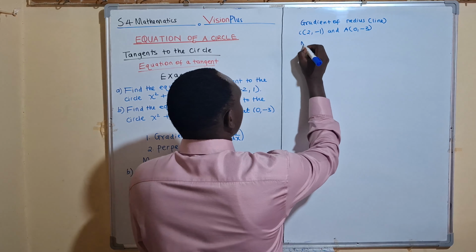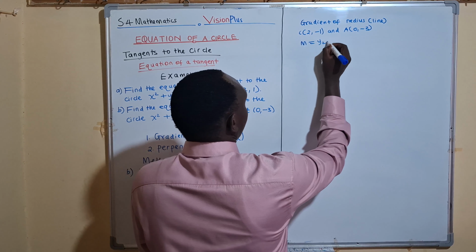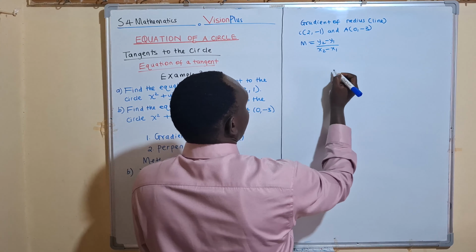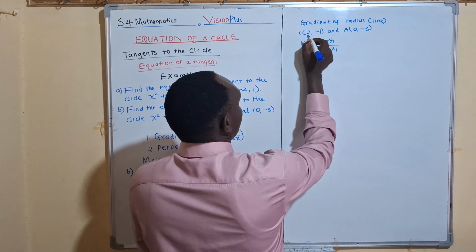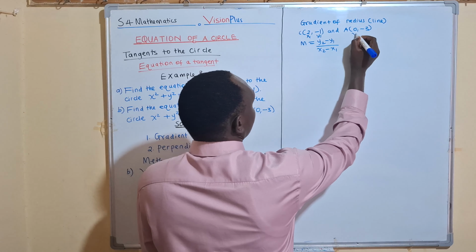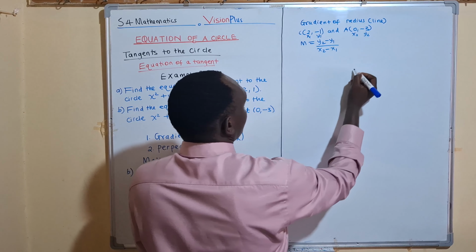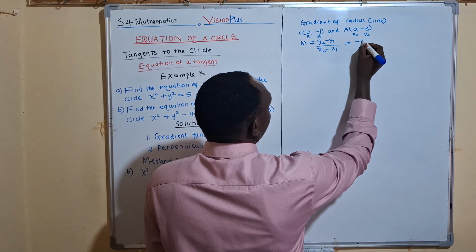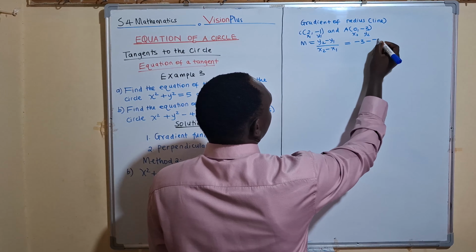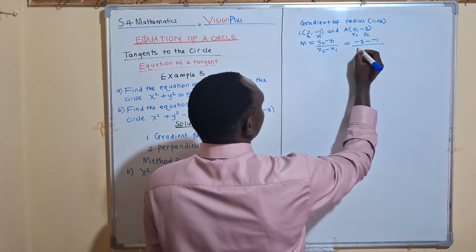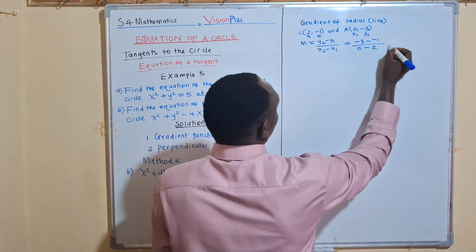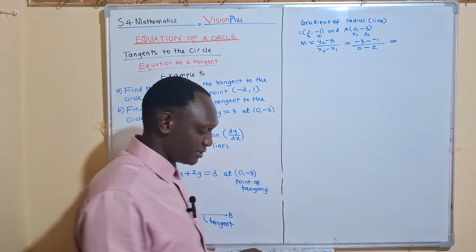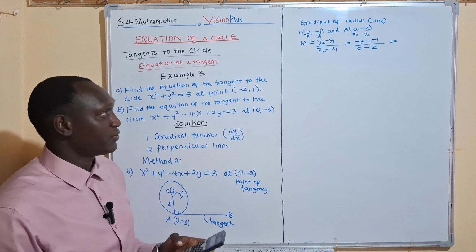So gradient is given by change in y over change in x. Therefore, you point this is my x1, y1, x2, y2, or vice versa. So we substitute here. What is y2? Negative 3 minus y1, negative 1, over x2, 0, minus x1, 2. You can use a calculator so that your signs are operated in the correct way.